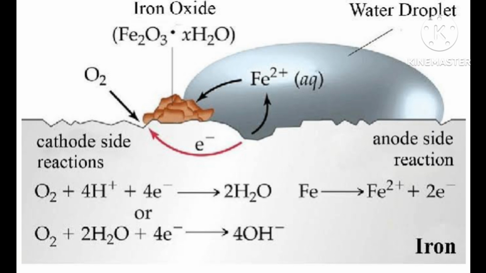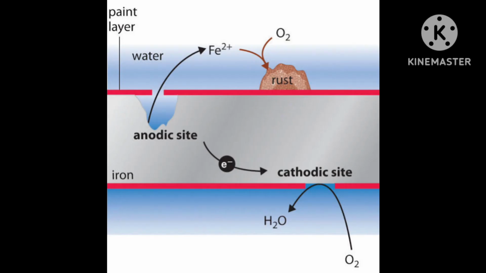Any air or moisture that comes near the metal, before reaching the metal, has to pass through Zn. Suppose one layer is there of Zn, then they have to come in contact with the Zn.